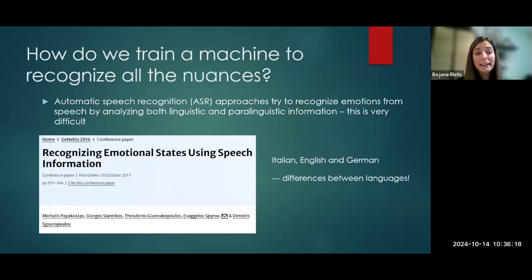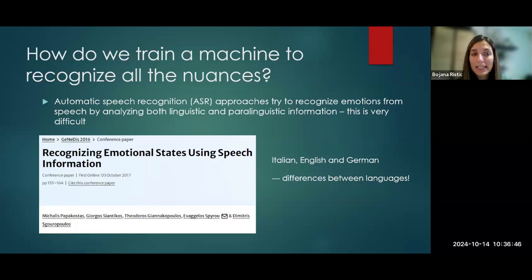And indeed, this is a paper from 2017. So there has been a lot of progress since then, but I thought it was an interesting example that some steps are made to try to train a machine to recognize these paralinguistic nuances.